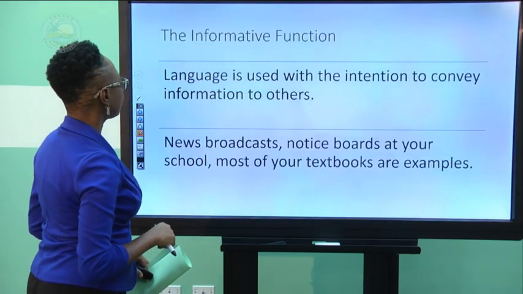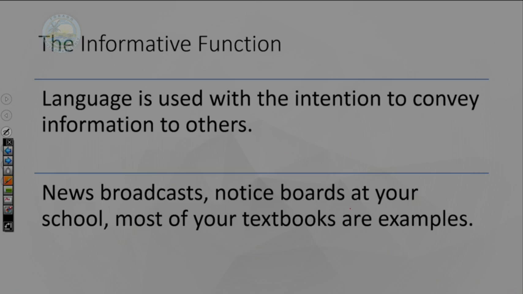Number 4, we have the informative function. Here, language is used with the intention to convey information to others. What we're doing here in this lesson, and the content of this lesson, is fulfilling the informative function. I'm not trying to elicit an emotional response from you. I'm trying to ensure that you get information that can be applicable to what it is you're preparing to do.